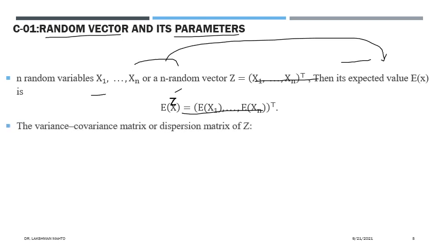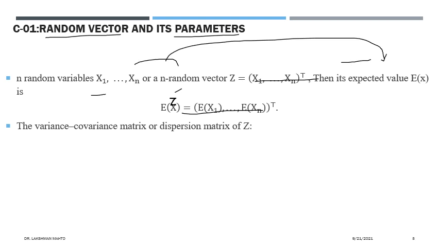Now next we have to find the variance. A single variance term is not feasible here because we have n random variables, so the representation of variance and covariance will come in together with respect to each component.